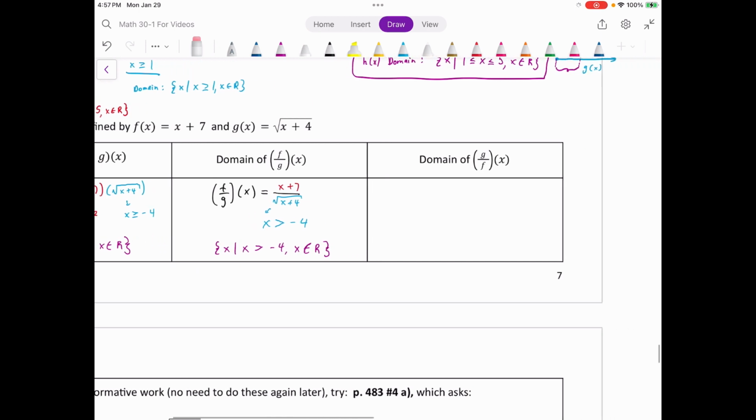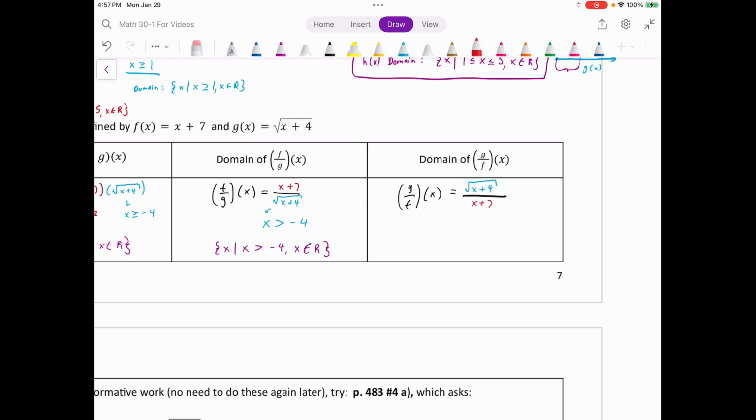All right, last one here for lesson 1, the domain of, just flipping these around now, and now we're dividing g by f. So again, just to visualize, g over f of x is going to be, just flipping our numerator and denominator from the last example, root x plus 4 over x plus 7.